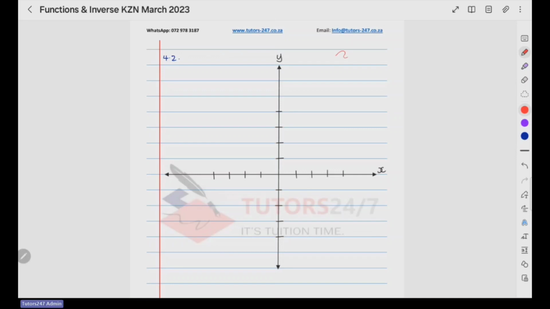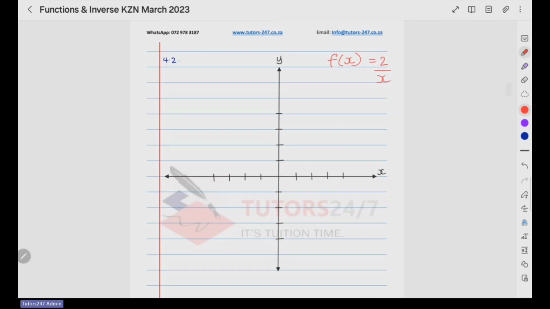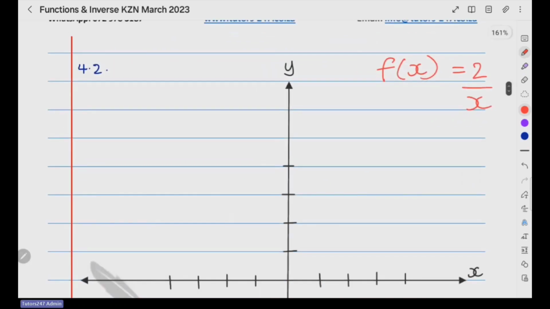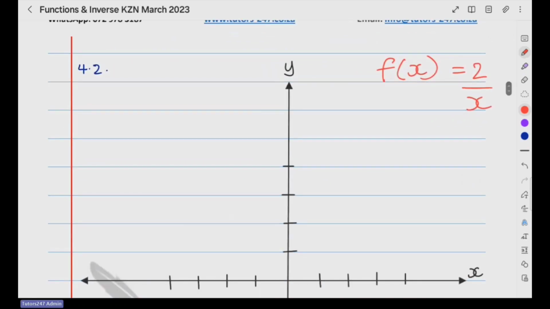So we're going to start with the function f(x) that is equal to 2 over x. Now, what is important to take note of regarding this function is that the value of a is positive. We have positive 2 in the numerator. That means our function is going to be in quadrants 1 and 3.